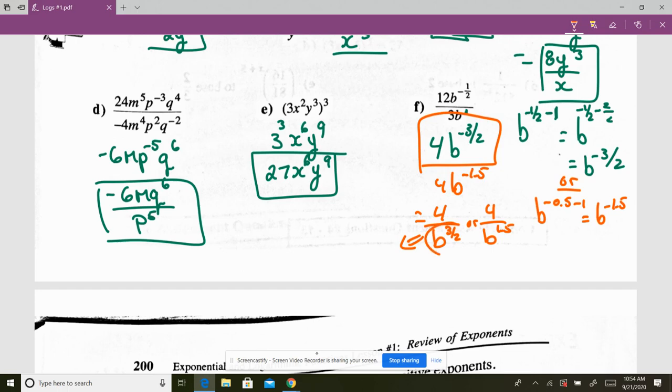What does b to the power of 3/2 mean in terms of radicals? It's the square root of b, all cubed, right? The bottom tells you what root, so it's the square root of b, and you can put the 3 in there if you really want. So that's another way to write it.